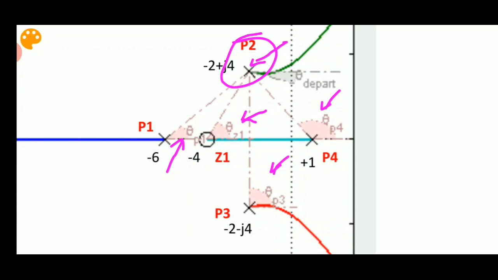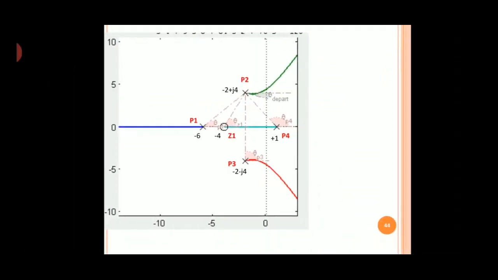Now the important thing to learn is how to calculate these angles, theta P1, P2, P3, whatever we have. I'll tell you a simple step here. Theta P1 is nothing but the angle made by the line connected between P2 and P1.